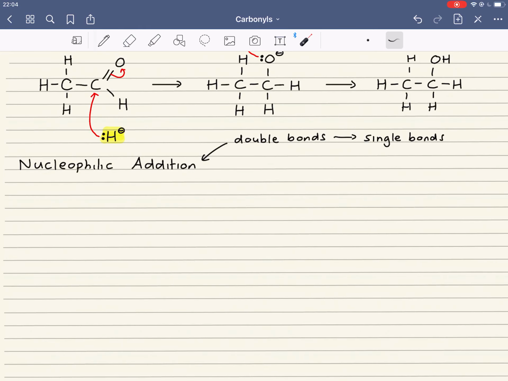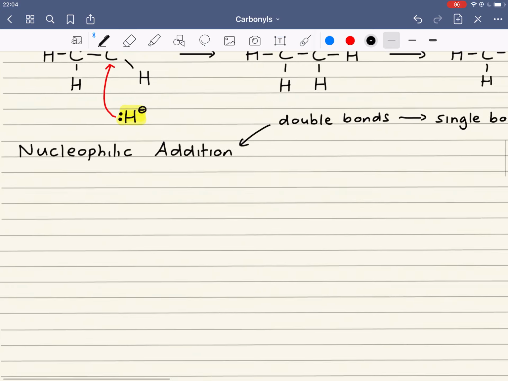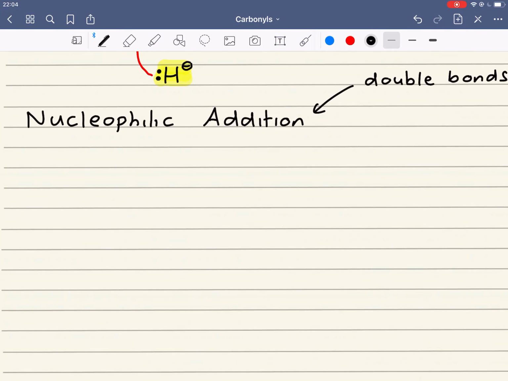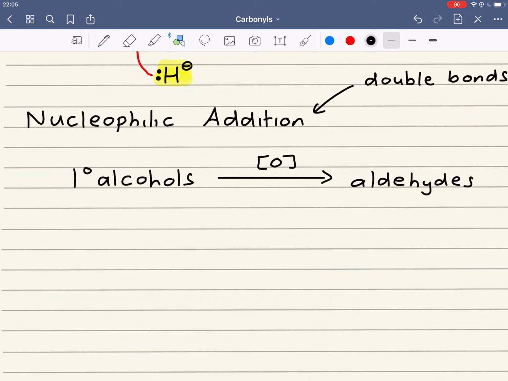Now, we can see from this reaction that it's the reverse of the oxidation we've looked at. So we can summarise these redox reactions as follows. Primary alcohols can be oxidised to aldehydes. And aldehydes in turn can be reduced to primary alcohols.